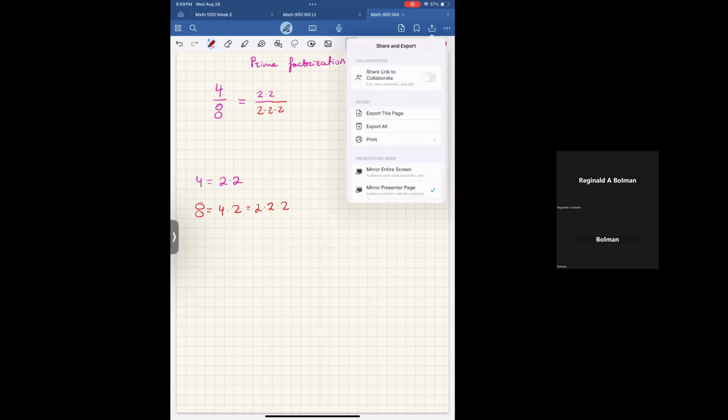Now, what we're going to do here is we will insert an imaginary 1 for this specific case. It doesn't really matter. 1 times anything is just that something. So 1 times 2 just gives you 2. We didn't change anything. What that's going to allow us to do is to see the following. If we were to cross out the numbers on top and on bottom that are sets of each other. So I have a set of 2's here, and I have a set of 2's here.